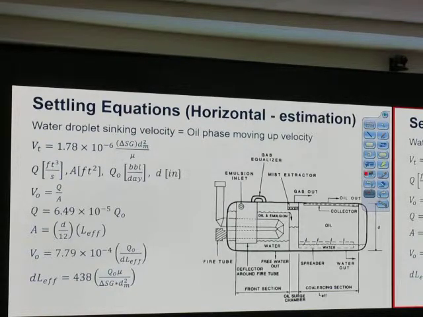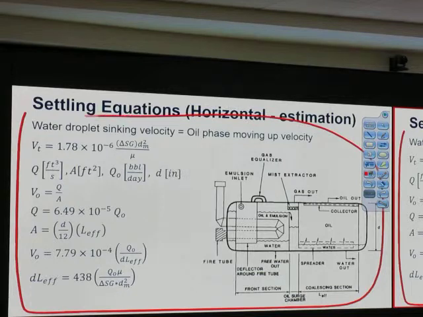It depends on how much volume is inside, so we can approximate this to be something similar to a horizontal separator. This is just for your information that we can do detailed calculation inside to find out what size we need for the line heater.